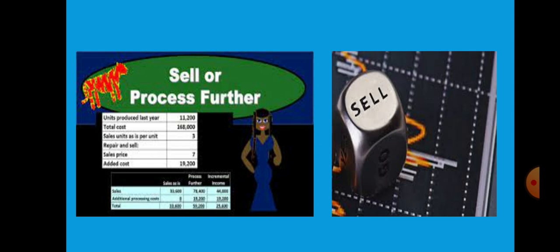But if a foreign order has to be accepted below the normal price, keeping in view the additional cost of exporting and any direct and indirect benefits of exporting such as goodwill, subsidies, quotas, etc., then you can take a decision of accepting foreign orders or bulk orders.